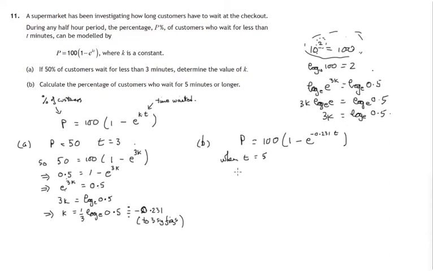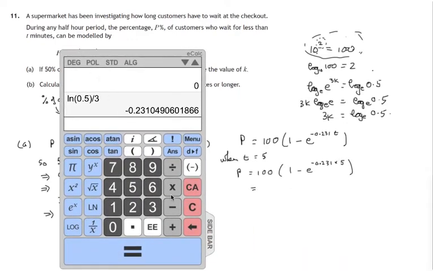So when t equals 5, p is equal to 100 times 1 minus e to the power negative 0.231 times 5. And there's a calculation again we need to do on the calculator.